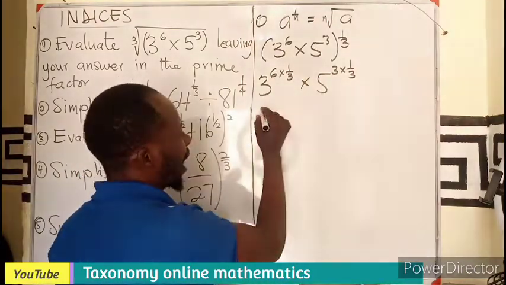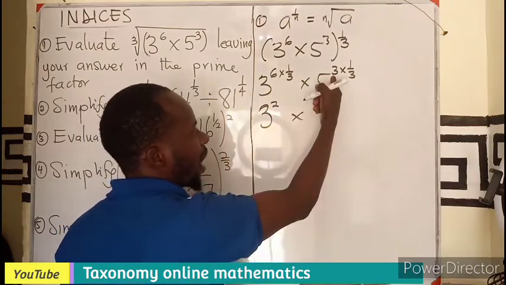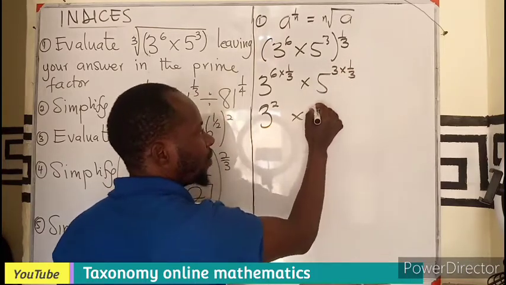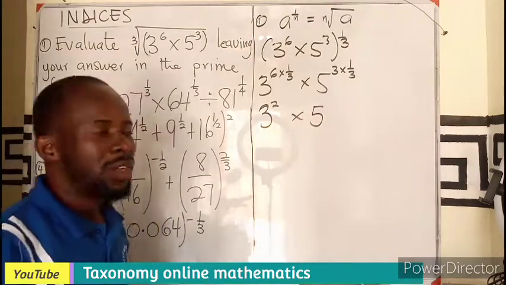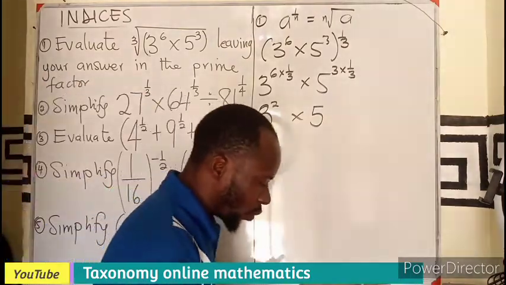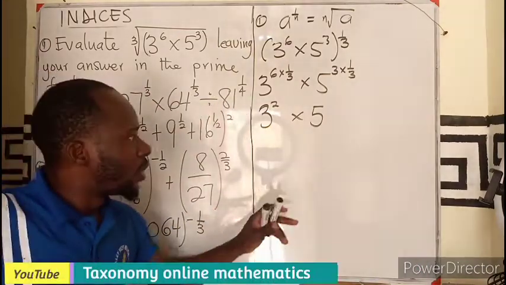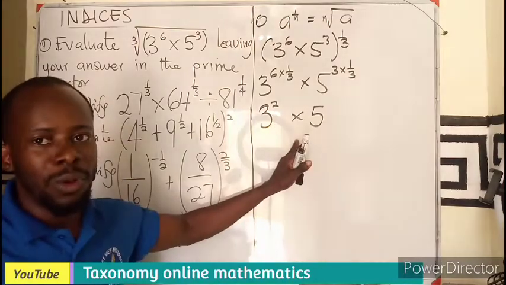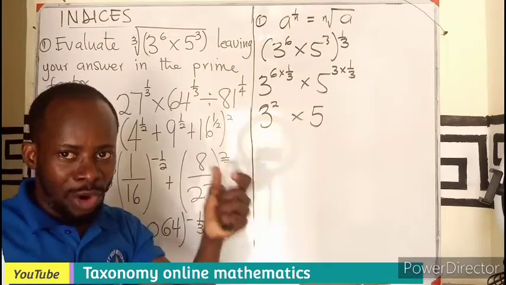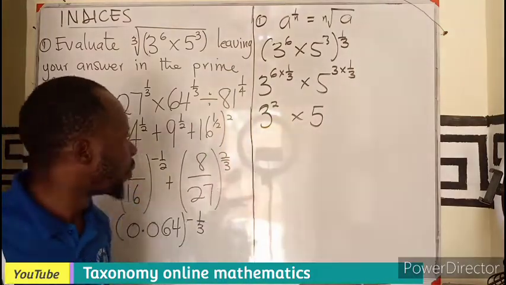So I have 3 exponent 2 times 5 exponent 3 times 1 over 3, which gives 5 exponent 1. So this will be our answer, and I think that will also be option C if we are to leave it in this form. We can also get 9 times 5, which is 45, the value of this multiplication, but we are asked to leave it this way.